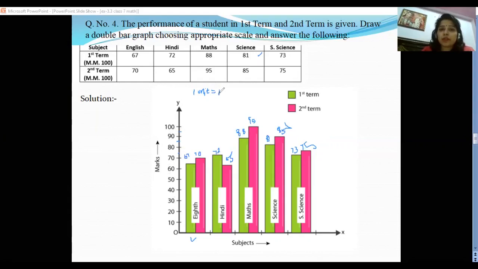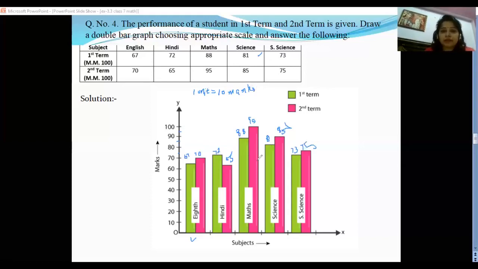One box is equal to 10, so 10 marks. So 1 unit is equal to 10 marks. Like this we have to consider.